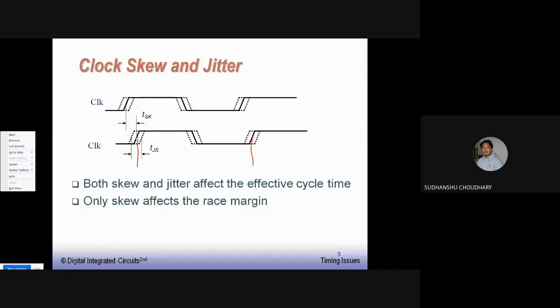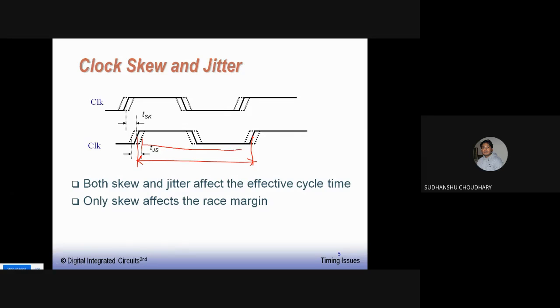For some time instant, you will see that the clock starts late here, and maybe it ends also late. So this is temporal variation, not constant. It changes with time, or what we call fluctuations in the clock signal.